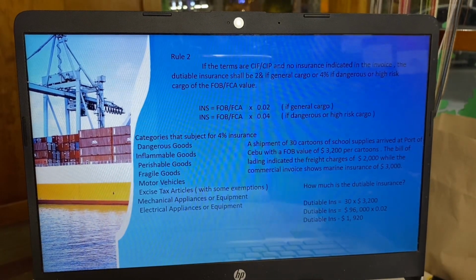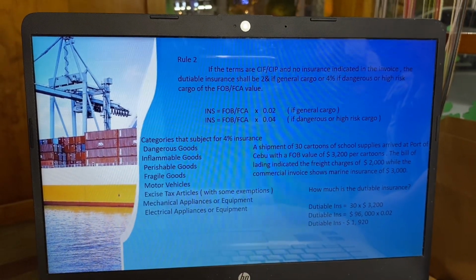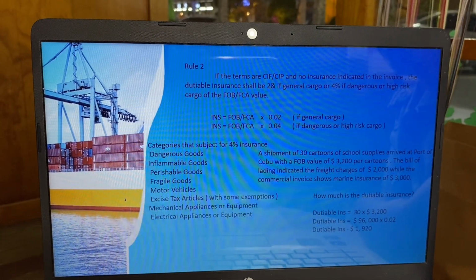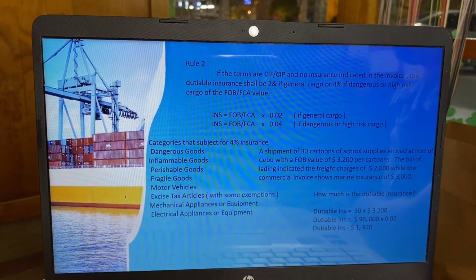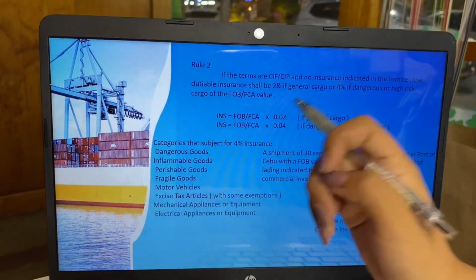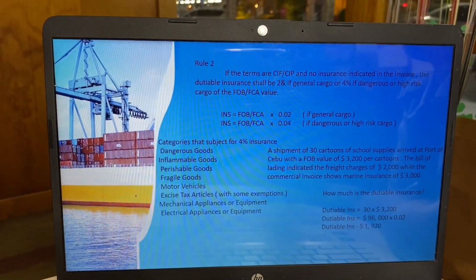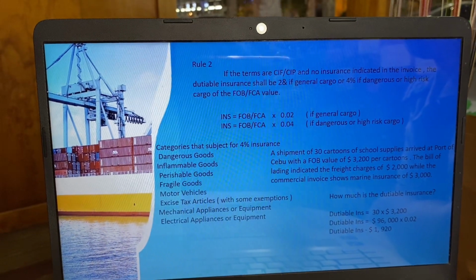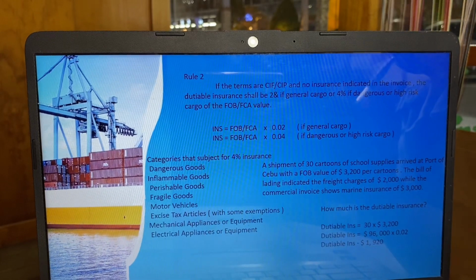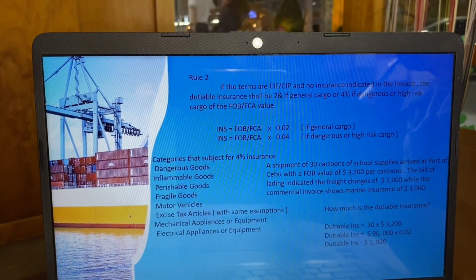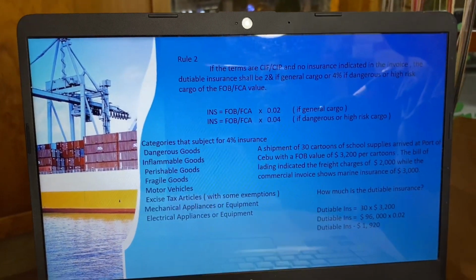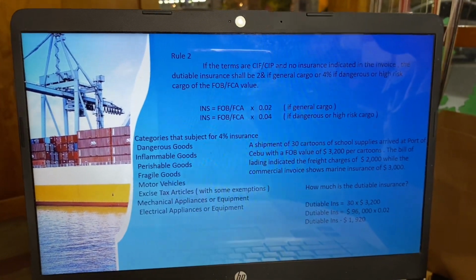Rule number 2: if the terms are CIF or CIP and no insurance is indicated in the invoice, the dutiable insurance shall be 2% if general cargo, and 4% if dangerous or high risk. Sorry for the typo. In rule 1, if an insurance premium is declared in the invoice, that would automatically be our dutiable insurance.